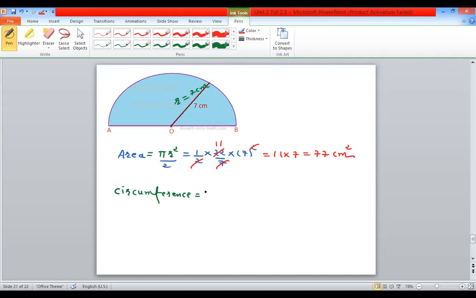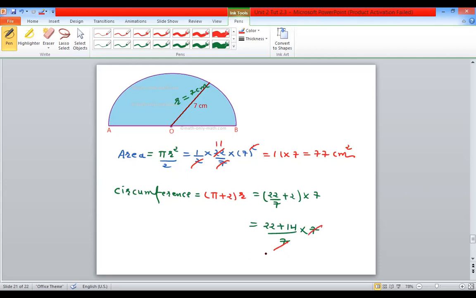Circumference, that is pi r plus 2r. Pi is 22 by 7. And r is 7. Don't cut directly. First of all, you take the cross multiplication. Now it's divided by 7, 7 cut.